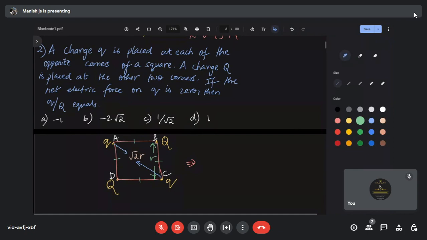They are asking for the charge relation. So you find KQ by R square is the relationship. If you remember, KQ by R square is the formula for electric field. What is the formula for electric force? We apply that formula and find out.